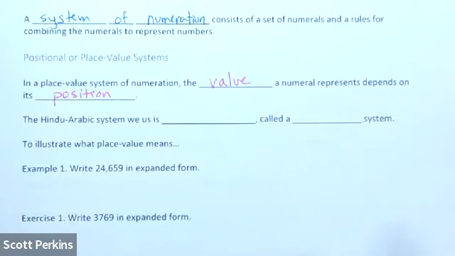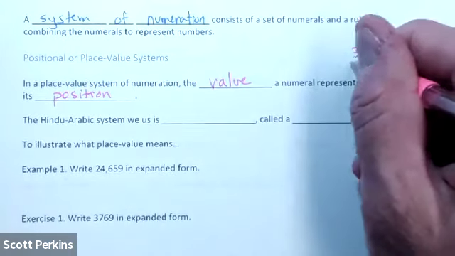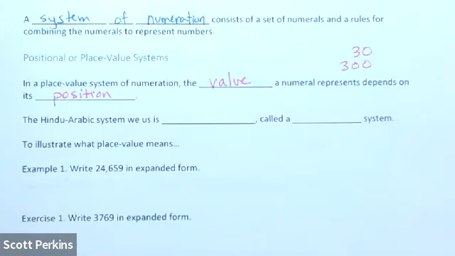If I write down 30 or if I write down 300, that 3 is now communicating something completely different, because it's in a different position. That's what it means to be a place value or a positional system. We only have 10 numerals in our system, 0 through 9, but we use them to create an infinite amount of numbers because of the places that those numerals represent.